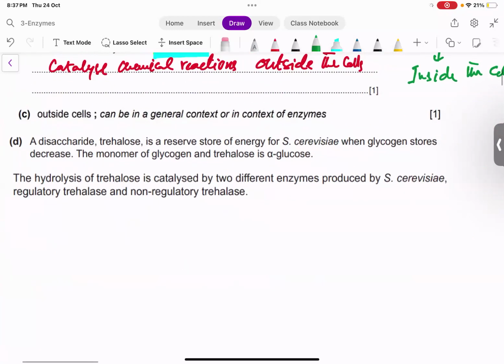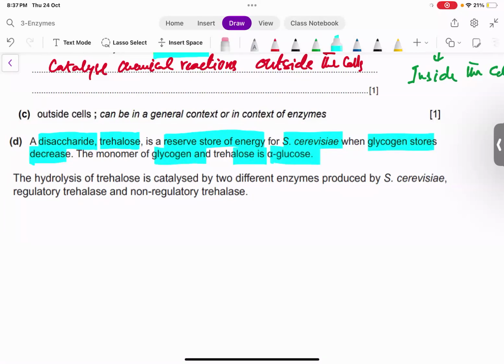A disaccharide trehalose is a reserve store of energy for this kind of organism, S. cerevisiae, Saccharomyces. This is a kind of yeast. When glycogen stores decrease, the monomer of glycogen and trehalose is alpha glucose.